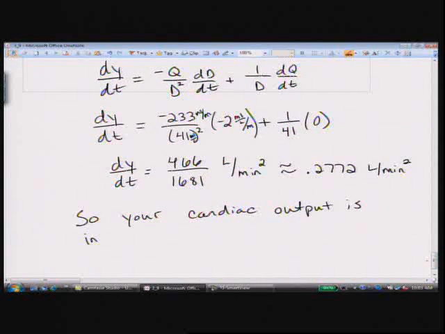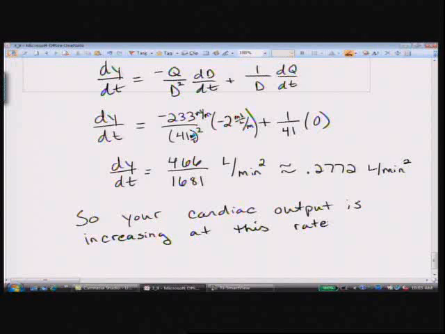Okay, so your cardiac output is increasing at this rate. I wish it was per minute though. Does anybody see how we might be able to get it per minute?